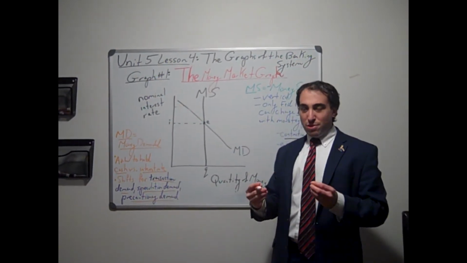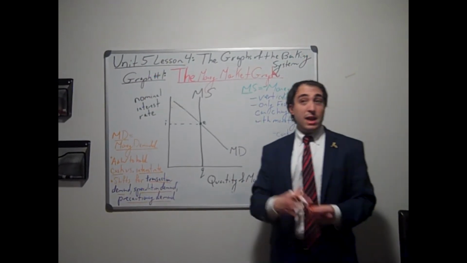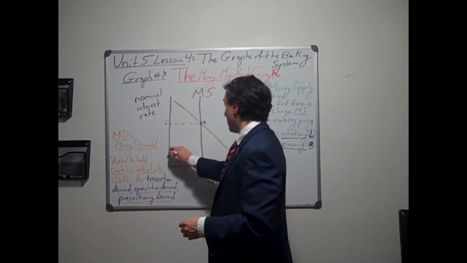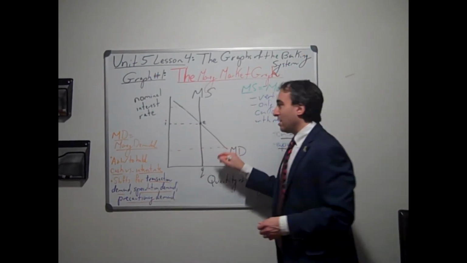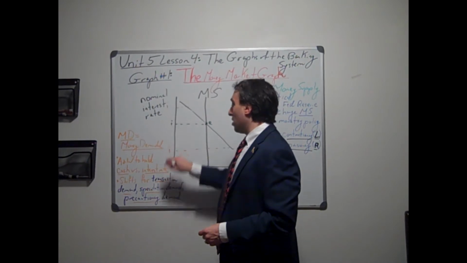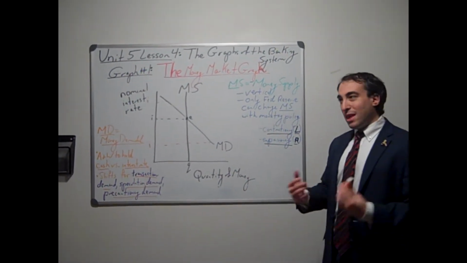Because the higher the interest rate, our money should be in M2 and not M1. The lower the interest rate, the lower the opportunity cost to hold money as cash, because you're not earning that much of an interest rate.